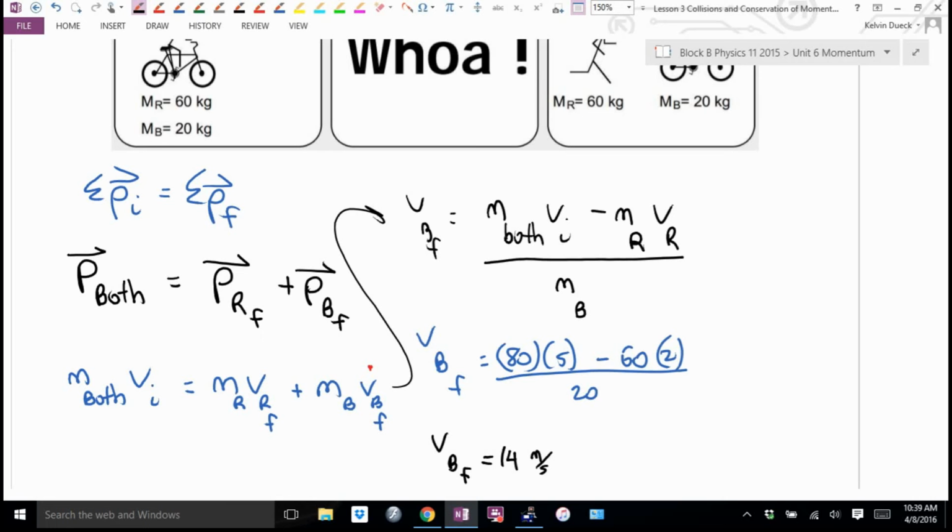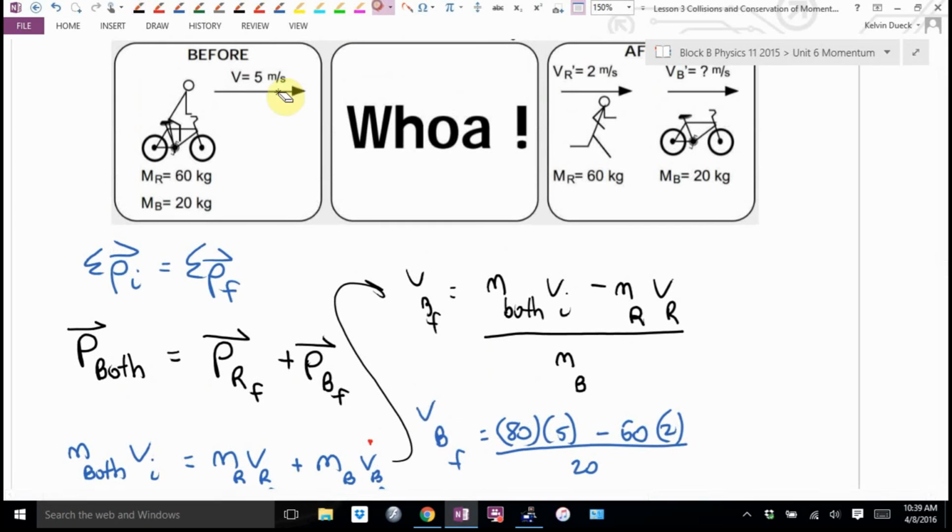So if you somehow balanced on your seat and you dove forwards as hard as you could, you're going to belly flop, but that might be enough forwards momentum that you actually got more momentum than you started with, which means the bike has to pick up some negative momentum because momentum is conserved. In other words, right now, the momentum is 80 times 5, which is 400. Let's suppose you managed to jump forward with 500 kilogram meters per second, then the bike would have to have negative 100. It would have to go backwards.